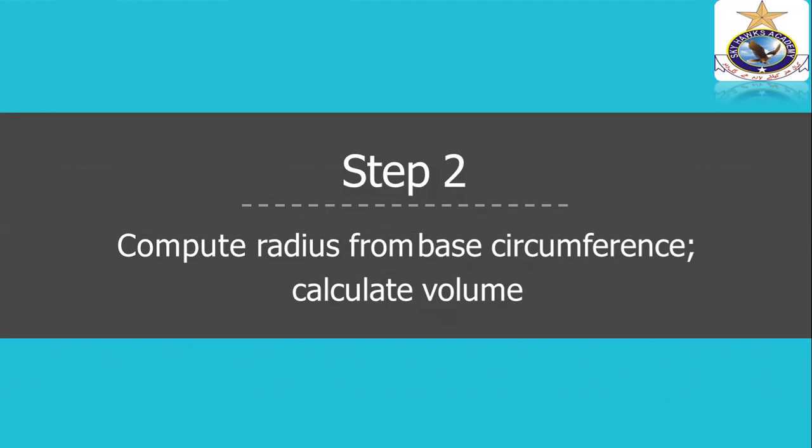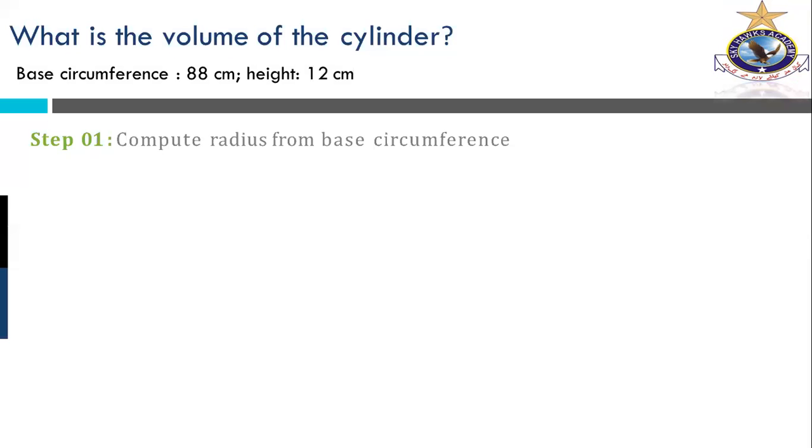Step 1 is the key step to the solution. Compute radius from base circumference. Once again, what is the volume of the cylinder?